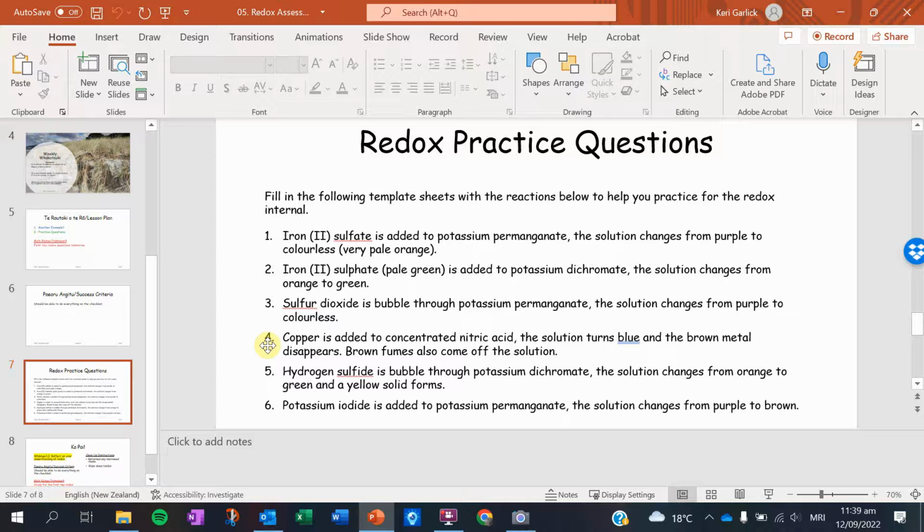I'm going to make a note on my sheet of what question number 4 is describing. We have copper being added to concentrated nitric acid.